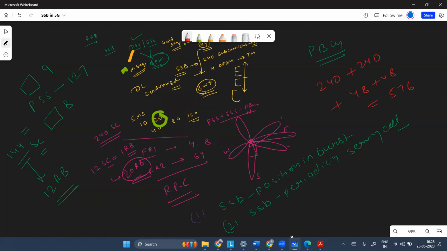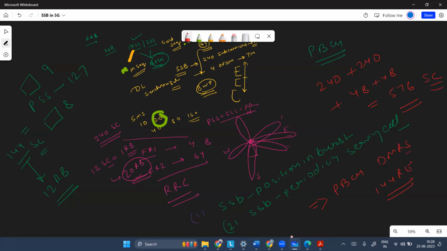And if we talk about the PBCH payload, so this is 576 subcarriers. PBCH payload equals total PBCH minus PBCH DMRS. Your PBCH DMRS is part of the MIB basically. DMRS occupies 144 REs.